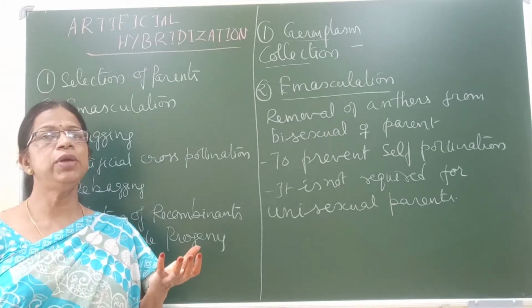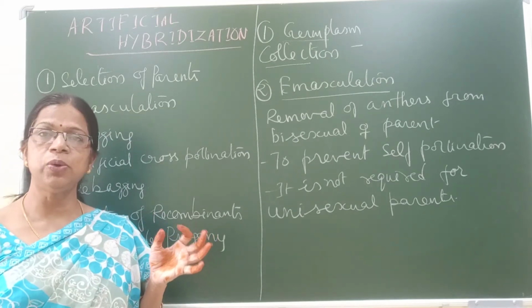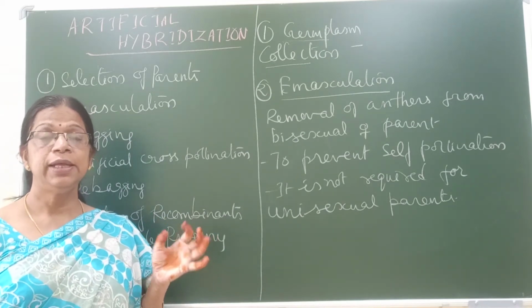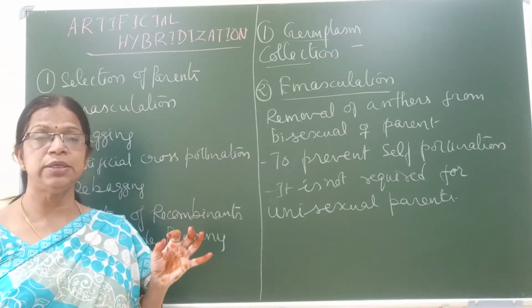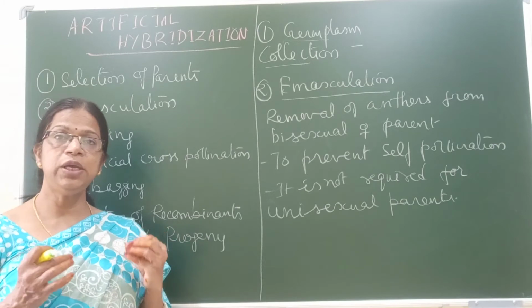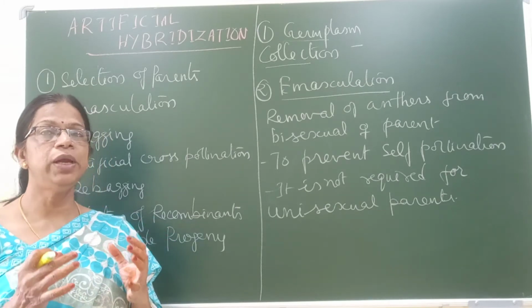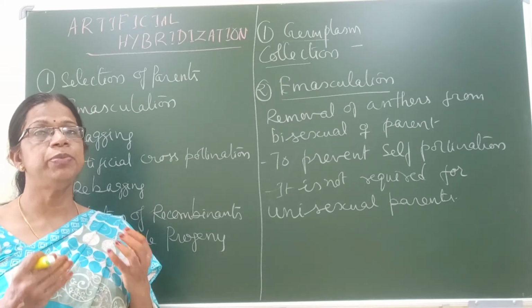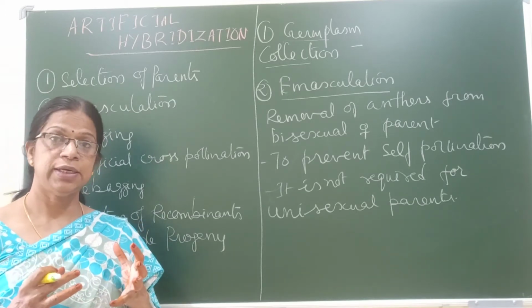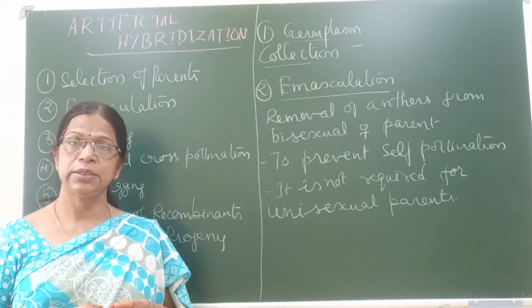For example, we have IRRI, International Rice Research Institute, located in the Philippines, that has a germplasm collection of about 10,000 rice varieties. In this way, every institute has a germplasm collection of different plants. So we can bring the germplasm from that collection and use them as the parents.